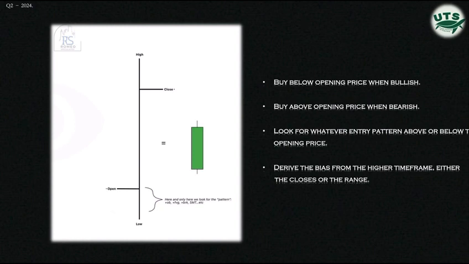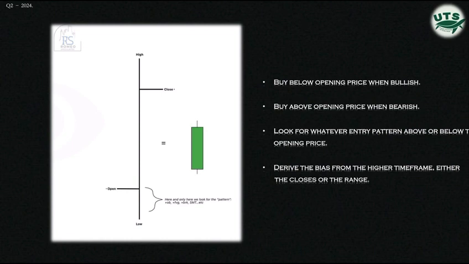Again, in summary, you buy below the opening price when bullish. You look for your pattern here, OB, FVG, breaker, SMT, whatever, right? Over here. And vice versa. This is a bullish candle. So if you're expecting price to go higher because we closed above a candle, then you look for this. Buy below the open. Look for whatever entry pattern above or below the opening price.